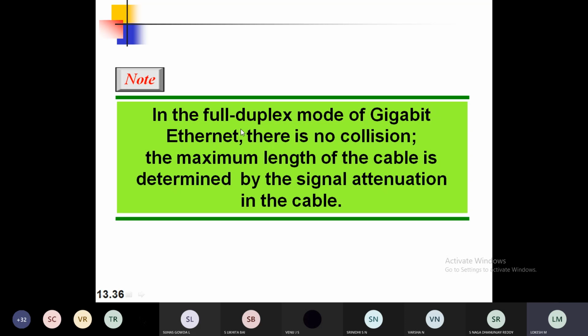Due to the bandwidth of thousands of Mbps, you can easily transmit the data without collisions, right?